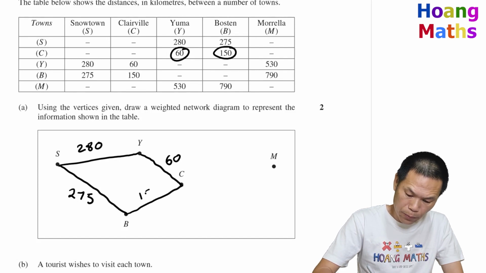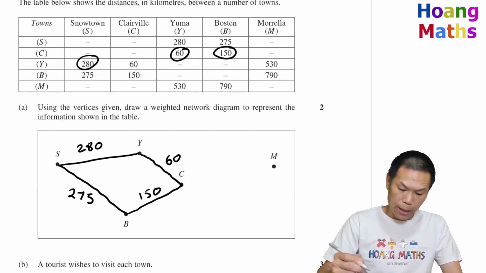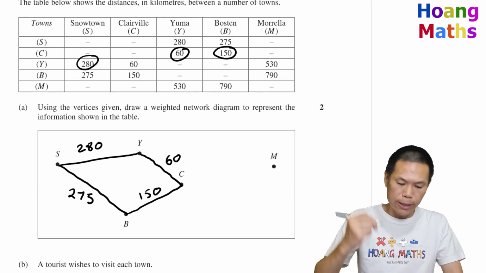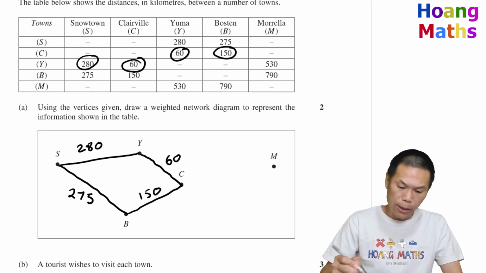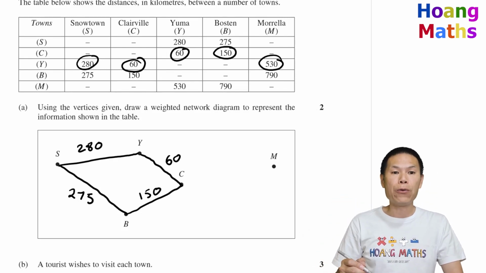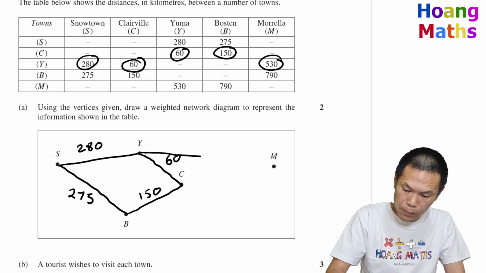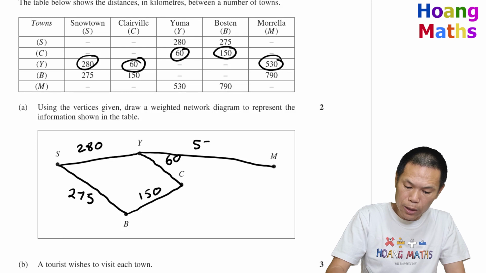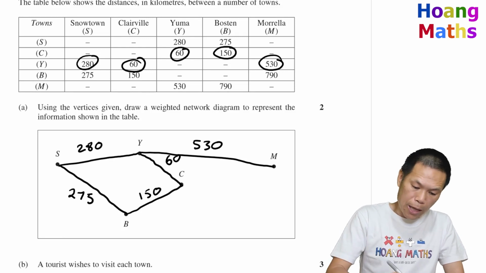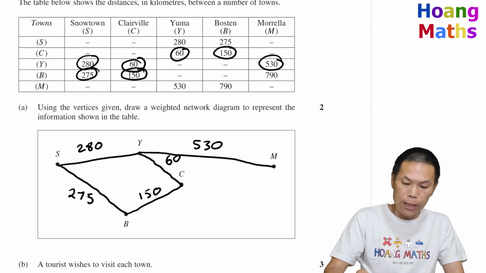And then we have Y to S, which is already done, and Y to C already done, and Y to M is 530. And then we have B to S already done, and this is done as well.